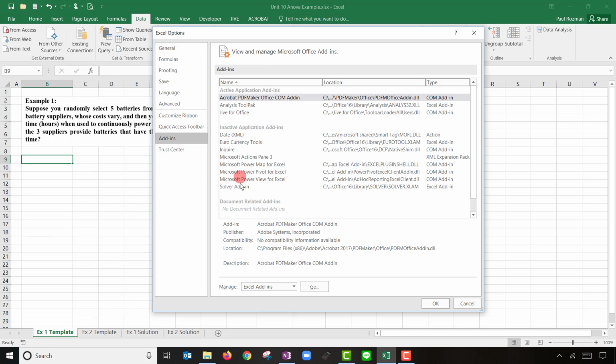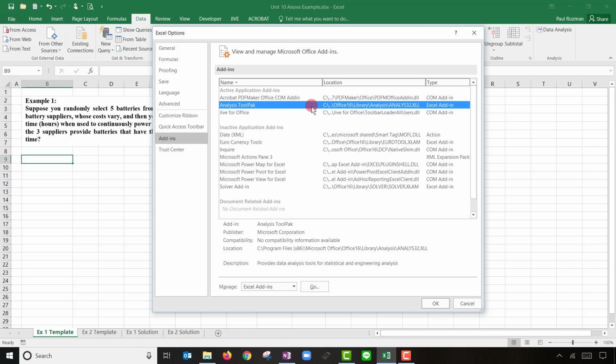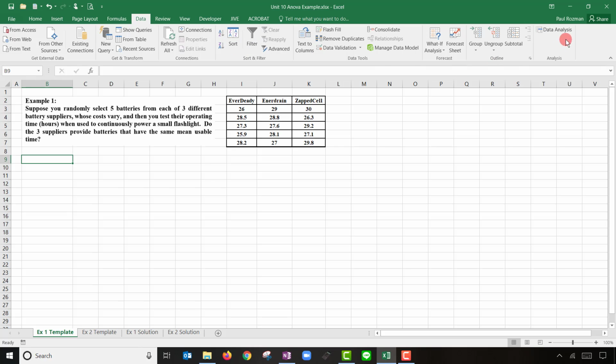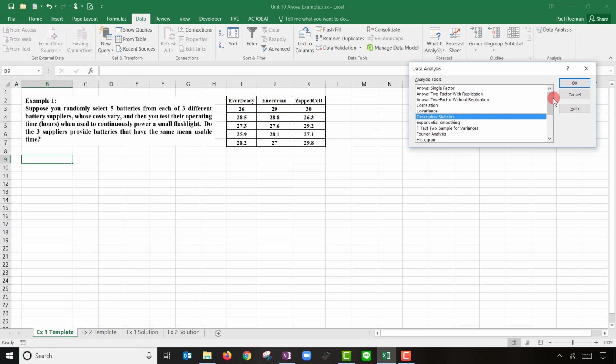And then one of the choices is Analysis Tool Pack. You can see that mine's already added in. And then you click Go, and it will add this to your menu under the Data tab.